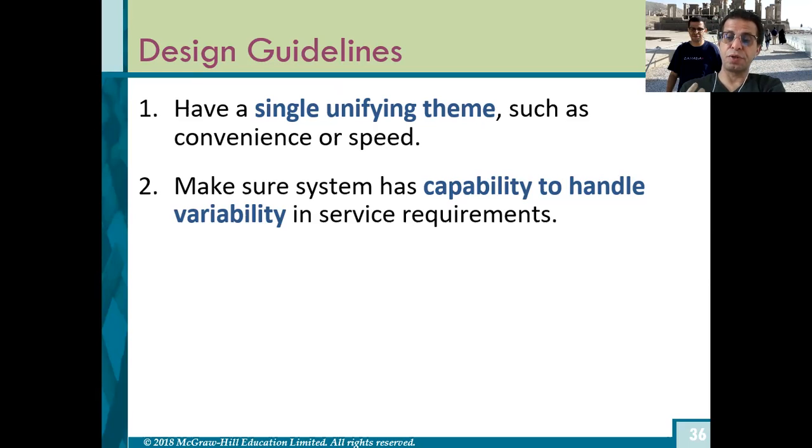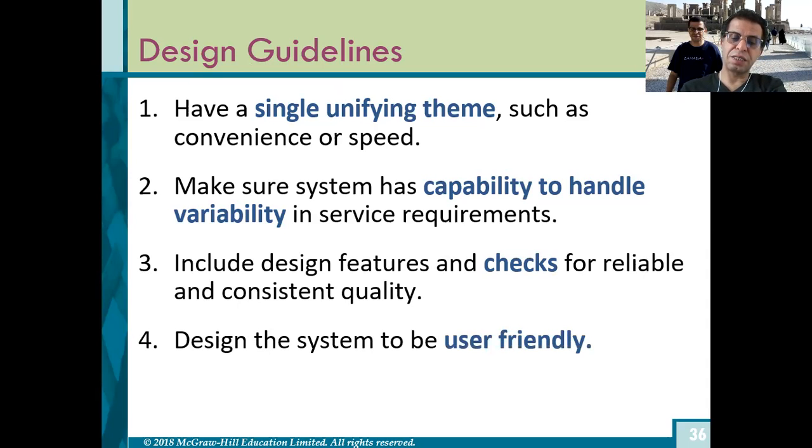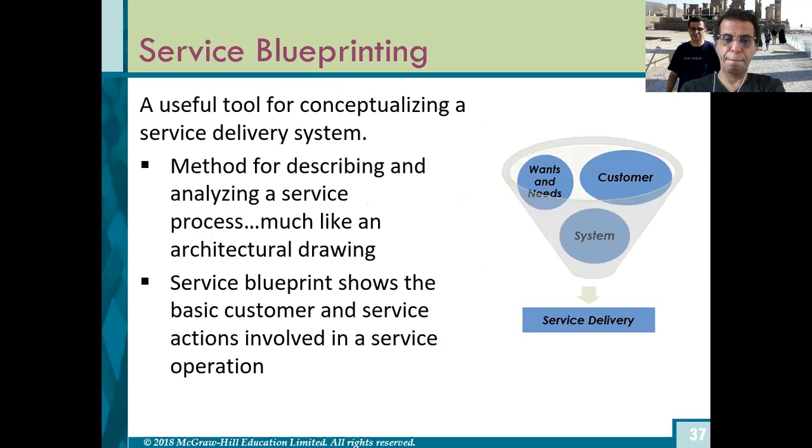You have some kind of prediction, plus you do a variance requirement, include design features, and check for reliability and consistent quality. If you go to supermarkets these days, due to COVID, there is a different lineup you see for the cashiers. We can talk about it and design the system to be user friendly, self-service like in stores.